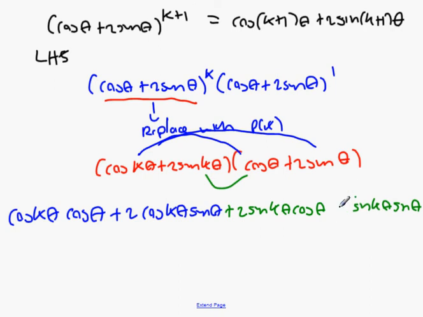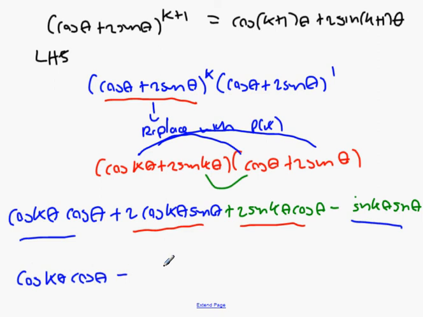There's two distinct groups here. Group number 1 is anything that has i in it, the imaginary section. The real section I'm going to underline in blue. So the real section is cos k theta cos theta minus sine k theta sine theta, and the other part I'm going to put in green.